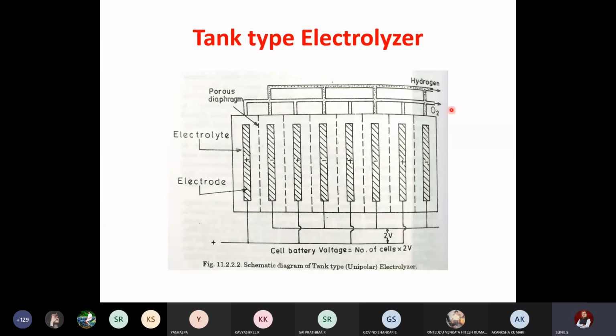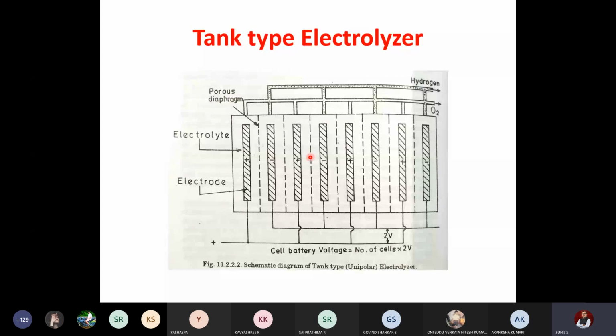This is actually a tank structure wherein alternate anodes and cathodes are placed one after the other. Okay, there is a porous diaphragm which separates each anode and cathode. The special property of this diaphragm is that it will allow the electrolyte to pass through it, but it will not allow the produced gas to pass through it.